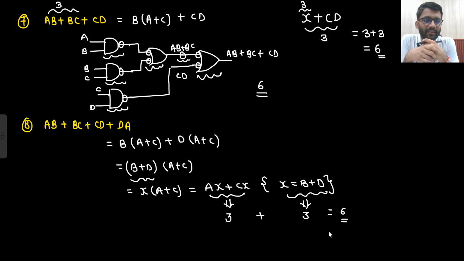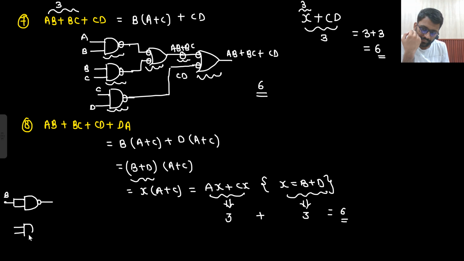First I will implement B plus D. How will I implement B plus D? This is how I will implement B plus D. This is B and this is D. So B plus D will be implemented.